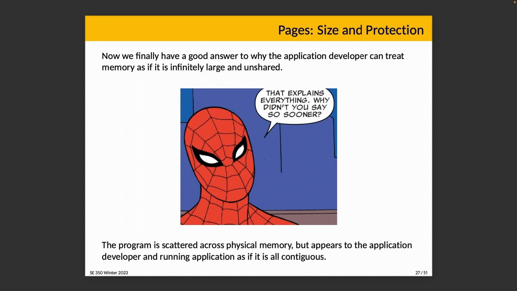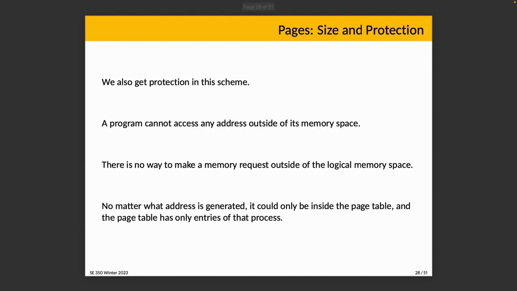And bonus, we also get some protection in this scheme. There's no possible way to access memory that doesn't belong to us. Why not? Well, there's simply no way to make a request that is outside the logical memory space that we can access. Whatever address is generated, it could only be inside the page table. We'll look at the upper bits of it to make a determination about what page we're talking about.